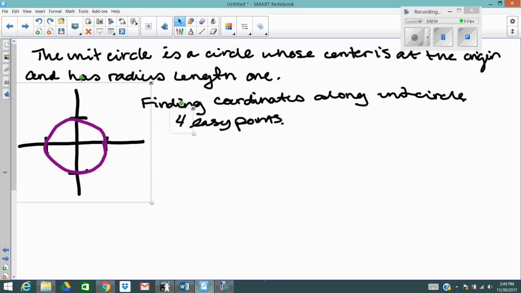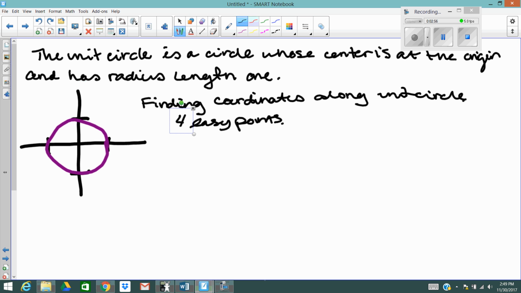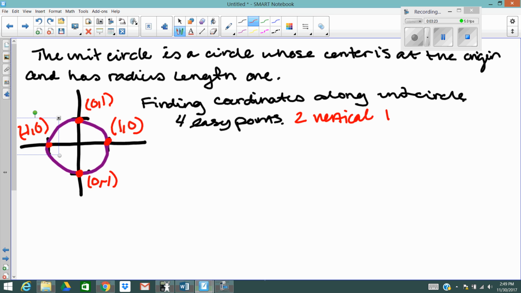We have that point, which has the coordinates 1, 0, that point, which has the coordinates 0, 1, that point, which has the coordinates negative 1, 0, and this point, which has the coordinates 0, negative 1. So we have 4 easy points, the 2 vertical and the 2 horizontal.